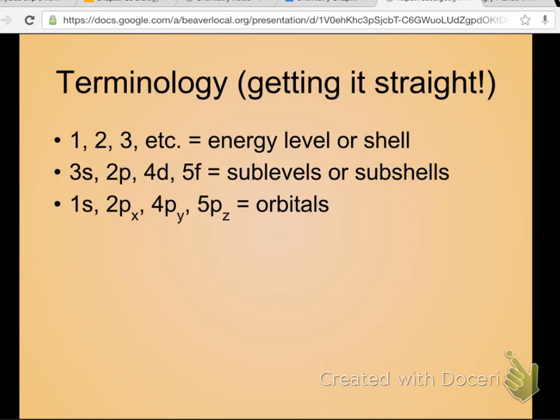That is multiple orbitals. If we're talking about 2px, or 3d1, or 4f2, 5pz, those are individual orbitals. So the big thing is I want you to remember the difference between subshells and orbitals. Okay? So when I ask you what subshell is filling, you better not tell me 3px, because that's not a subshell, that's an orbital.